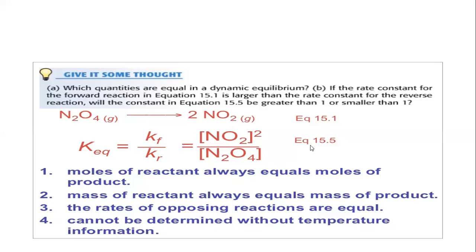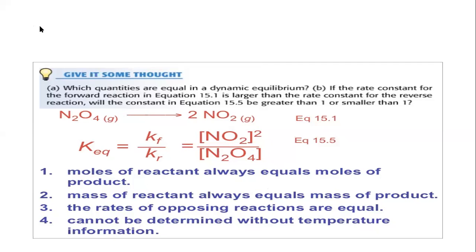I agree with the 3. You agree with the 3. Good. 2 supporters for 3, 2 against 1. Okay, let's not waste the time. So the answer is number 3. The rates of opposing reactions are equal. I think we established that.